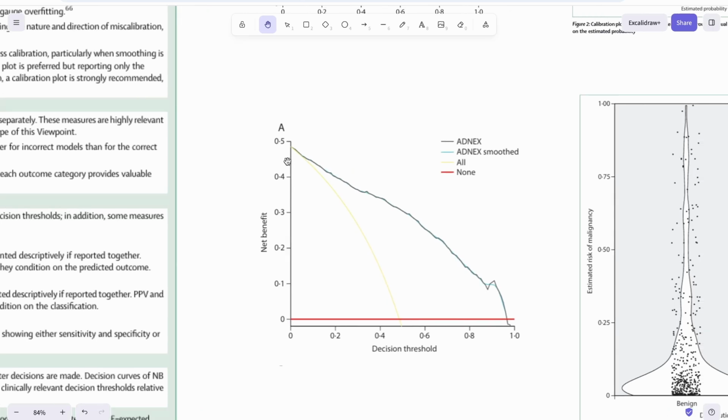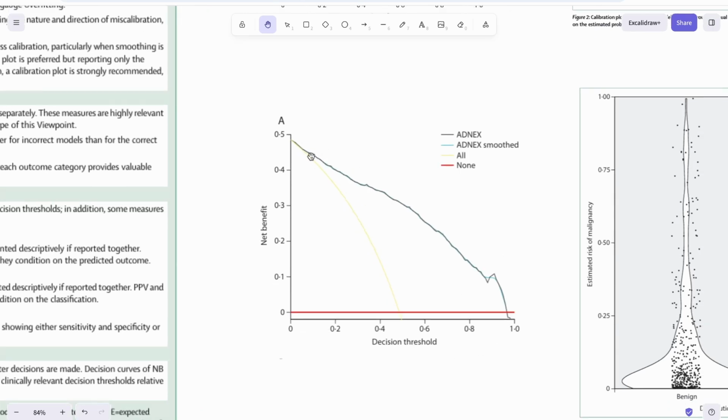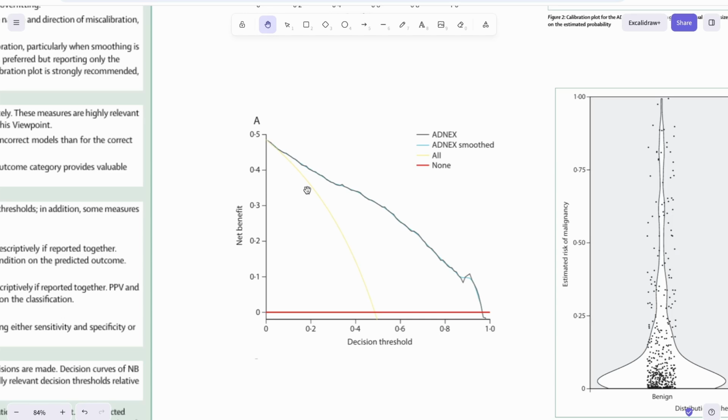So this is a plot of the net benefit and decision threshold. You can have different models here, and then you have different treating strategies. For example, if you treat no one, then you will have zero benefit, not benefiting anyone. But if you treat all, then the net benefit starts like at 50%, and then it drops. That's how you look at it.